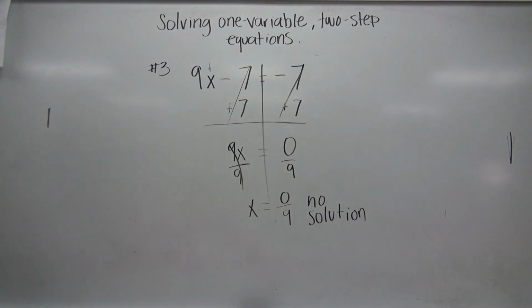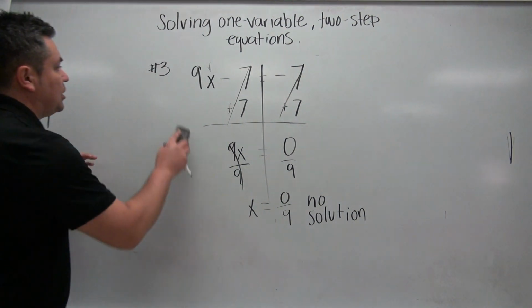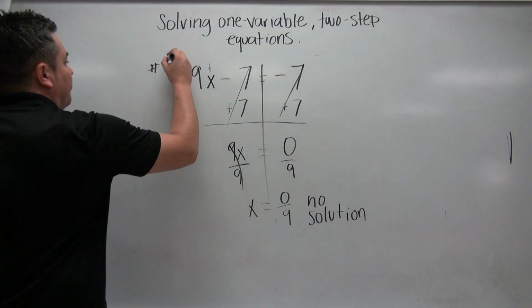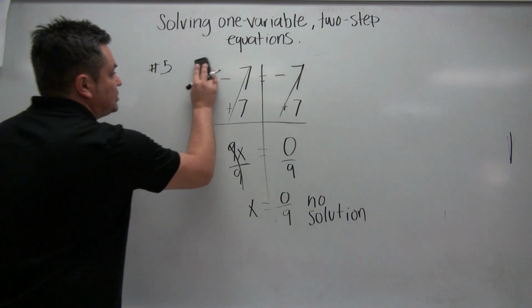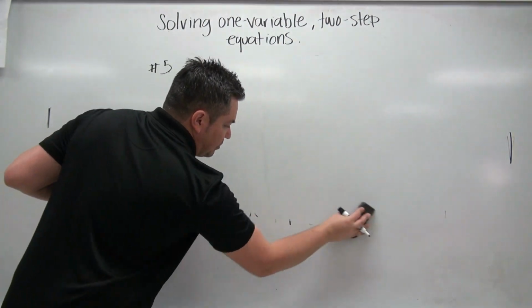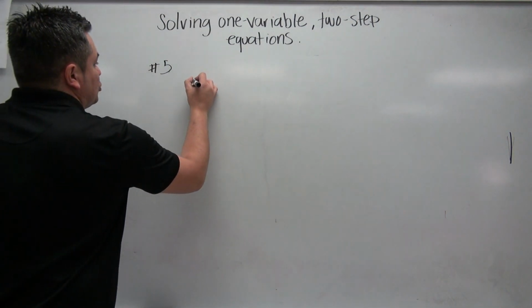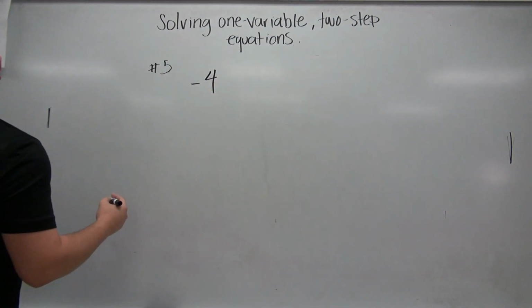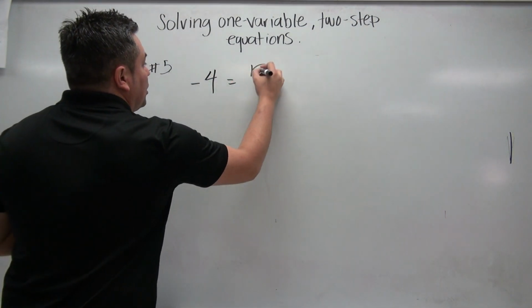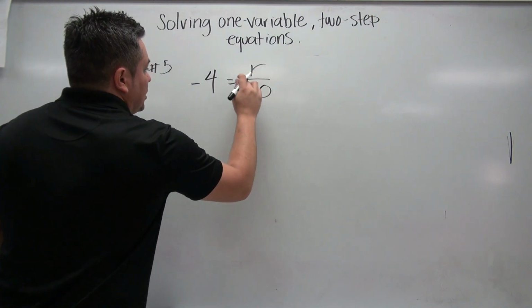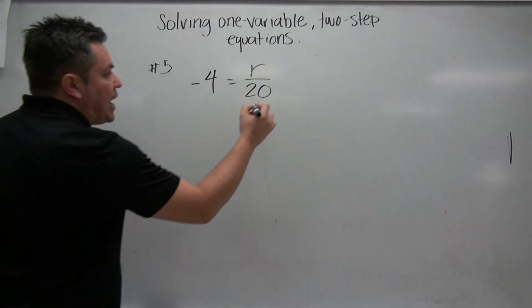Now, number 5. Let's look at number 5. Number 5 says, and I'm going to show you something different too. You don't have to do this, but I like it. It says negative 4 equals r over 20 minus 5. Remember, fractions mean to divide.